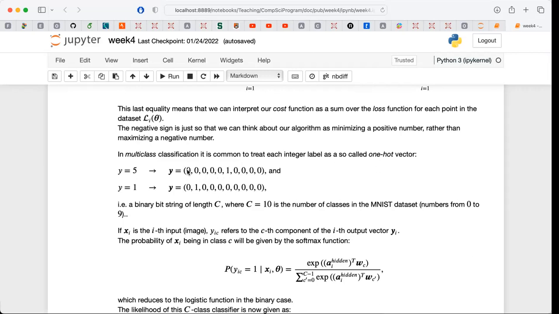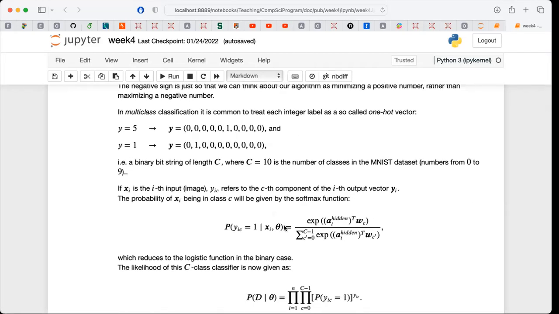So 0 here means that there is nothing in for number 0, nothing for number 1. And number 5 would then be the 6th one here. So you would typically encode this in terms of a bit string of a specific length. In this specific case, 10 is the number of classes which you have in the MNIST data set.